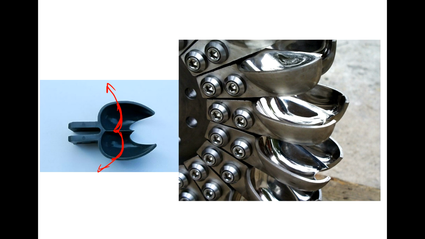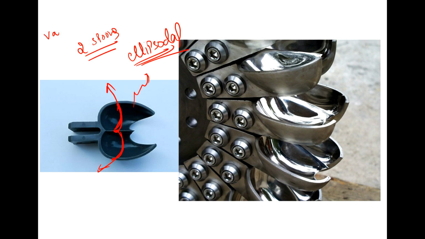The shape of this will be ellipsoidal, so I will have two ellipsoids attached together, or you can consider it as something like two spoons. So the structure of the vane will be something like two spoons attached to each other, and in between there is a splitter which is going to split the liquid.